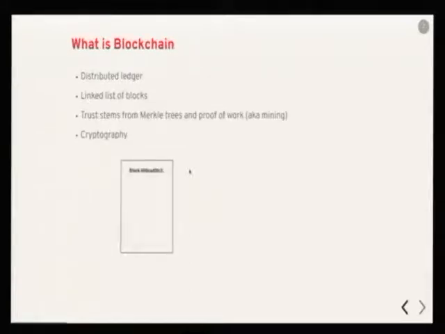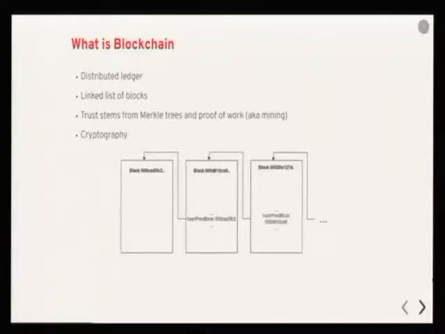So what's the blockchain? It's a distributed ledger system. It boils down to just a linked list. So it's a list of blocks that are connected to each other. Each block has a connection to the previous one. And the consensus works in a way that each node in the blockchain network holds the whole copy of the blockchain.